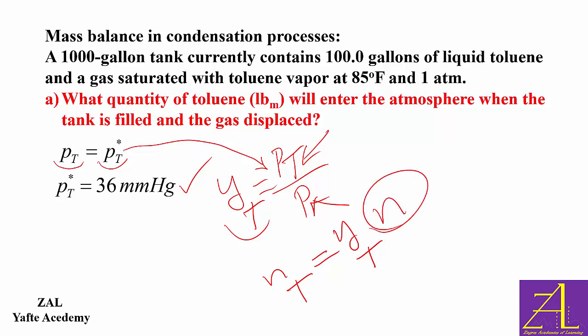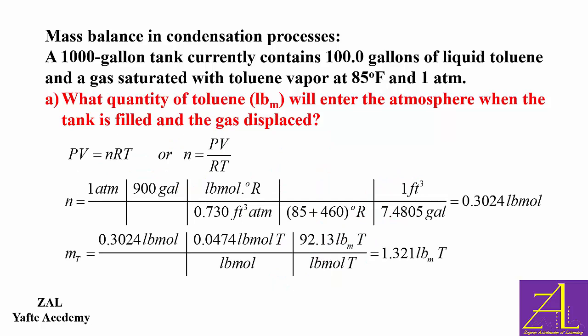In order to get this total number of moles, we may use the ideal gas law. So here, as you see, we have used the ideal gas law. We plug in the volume of 900 gallons and then the temperature of 85 degrees, and we will get the total moles of the air and toluene mixture as 0.3024.